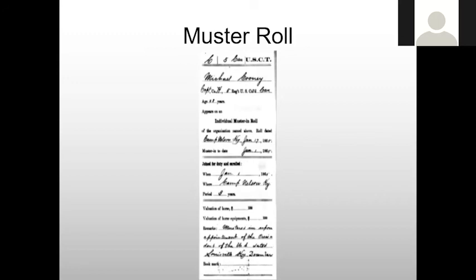If they transfer units, there will be another muster roll card. So for military service, you can track the people, especially prior to World War I. You can track them very, very thoroughly. And I have a military relative that was in for over 43 years, and I know where he was for 43 consecutive years, every month of the year.